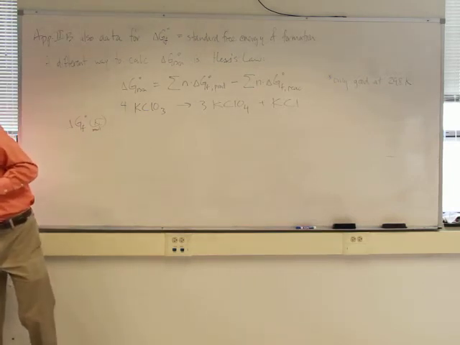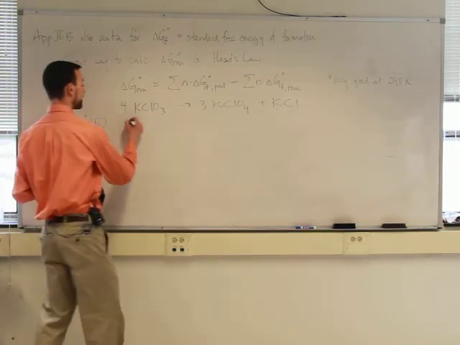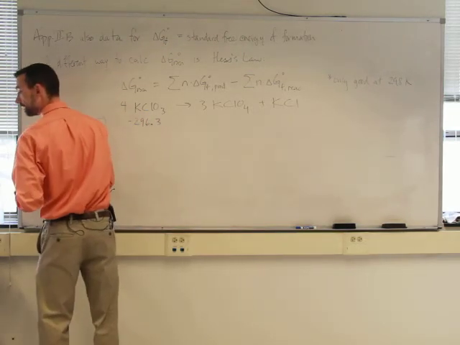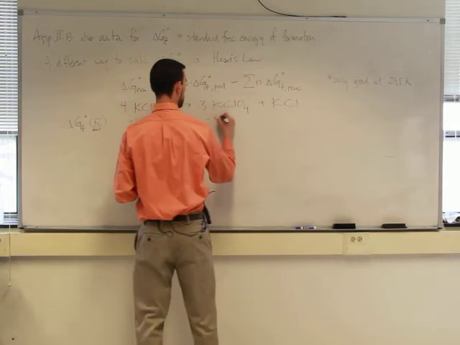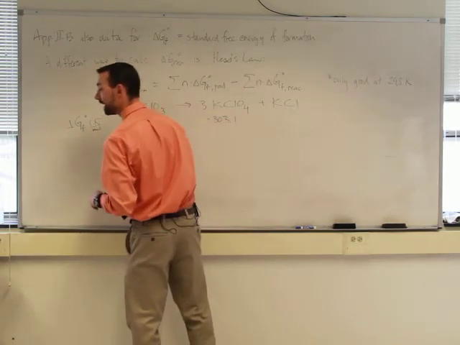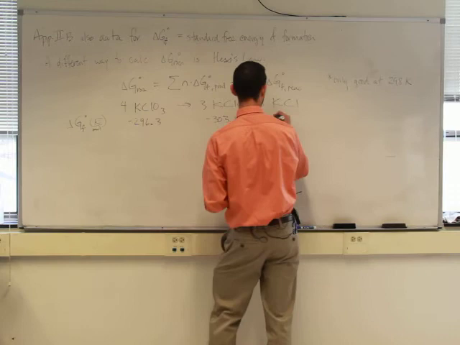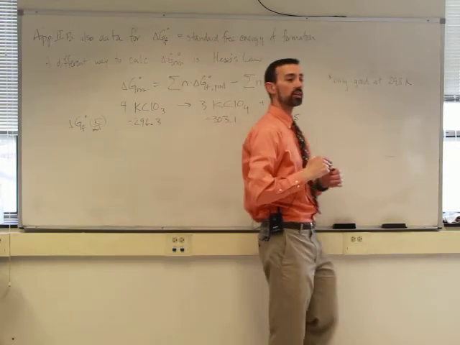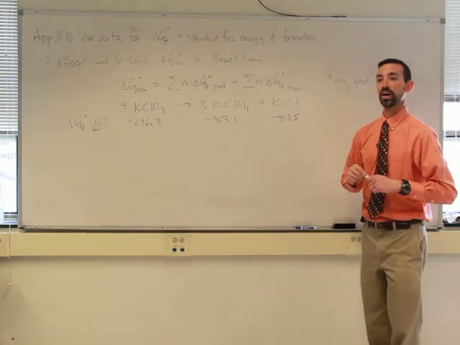The delta G formations are negative 296.3, negative 303.1, and negative 408.5. These are back to being negatives, right?